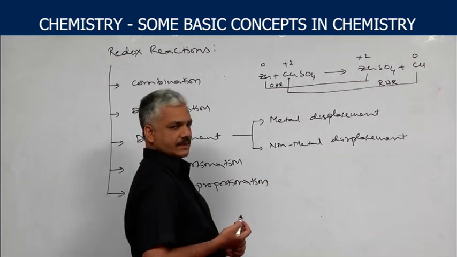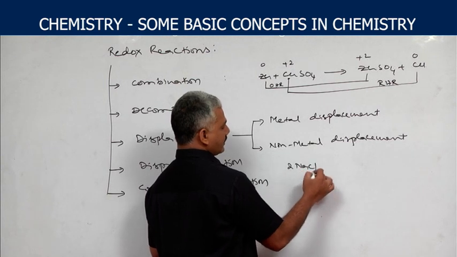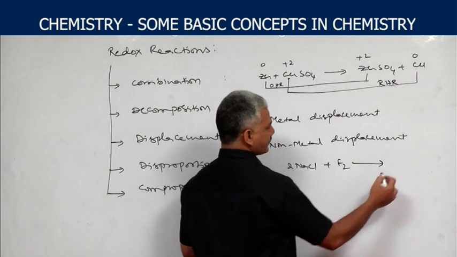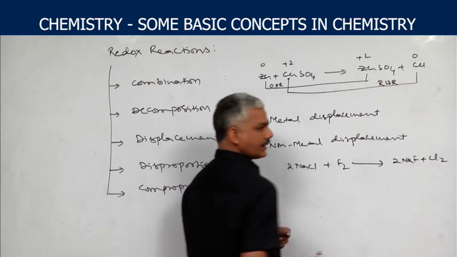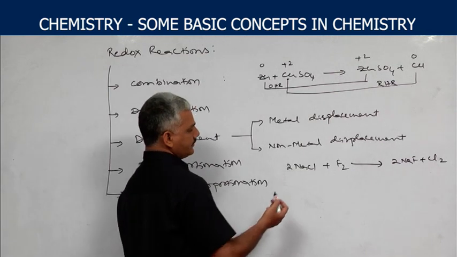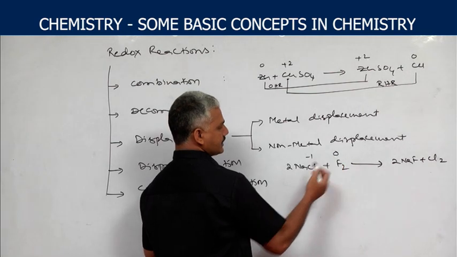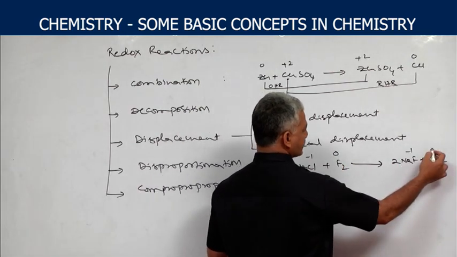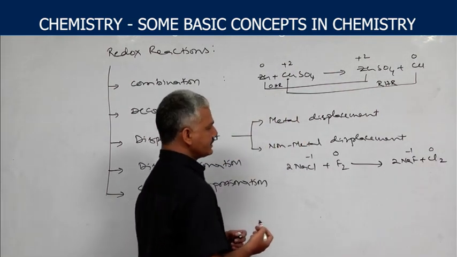For non-metal displacement reaction, we can take up this example. If fluorine gas is passed through sodium chloride, you will get sodium fluoride and chlorine. In this reaction, chlorine's oxidation state is -1 and fluorine's oxidation state is 0. On the product side, fluorine's oxidation state is -1 while chlorine's oxidation state is 0.